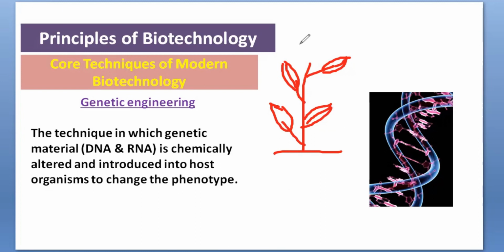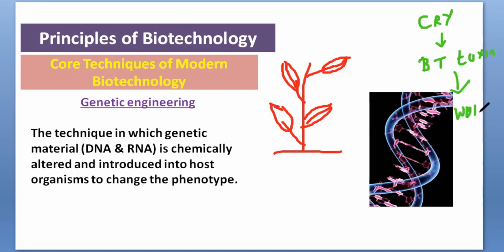Because this cry gene has the ability to produce what? Toxin, Bacillus thuringiensis toxin, or the Bt toxin or protein. This protein can kill the worm, or the lepidopteran.